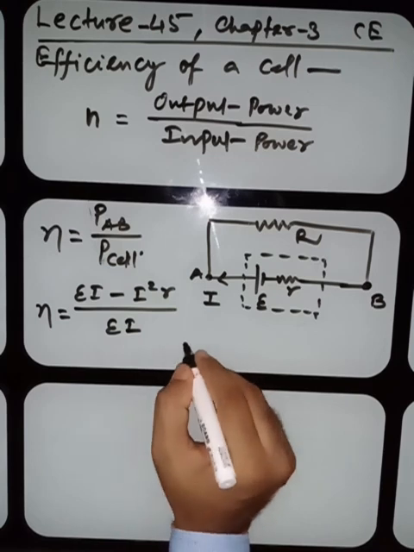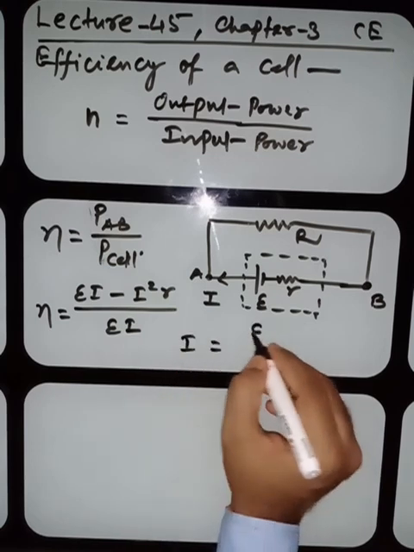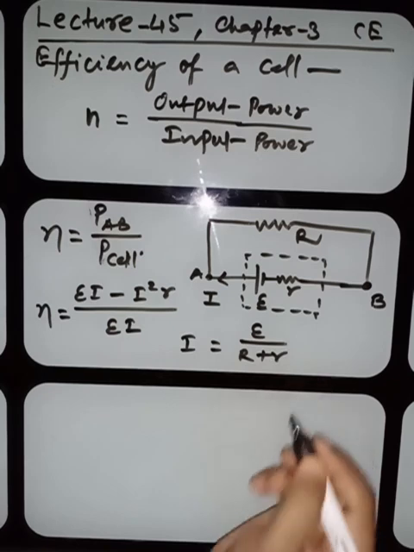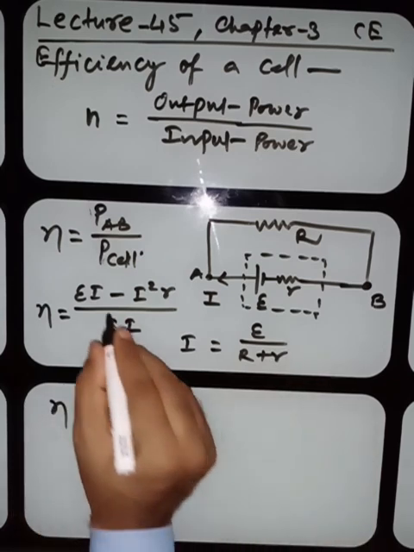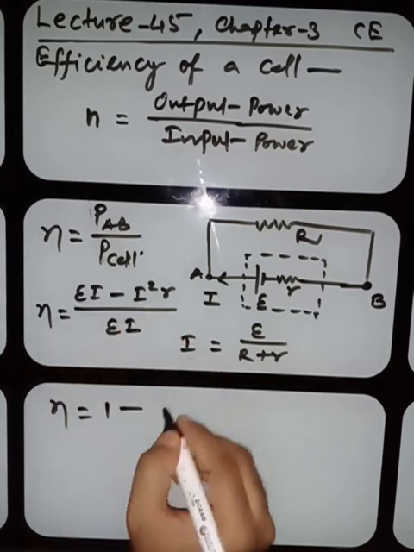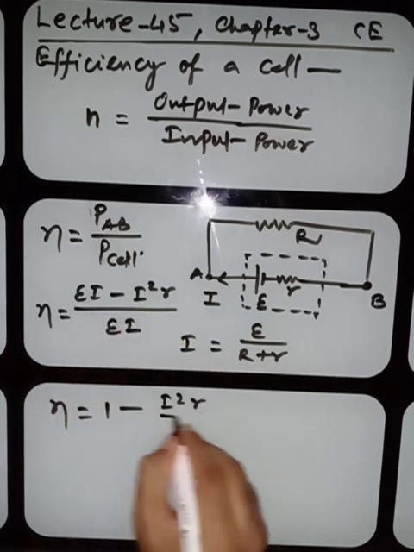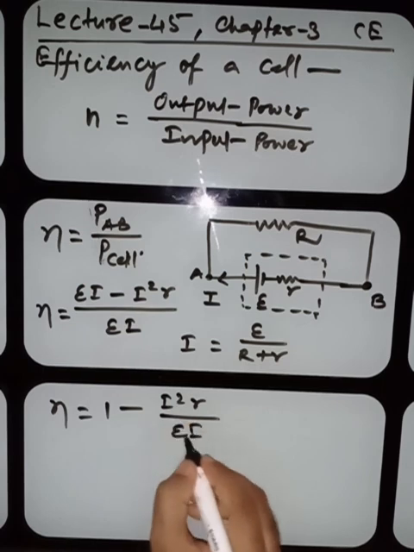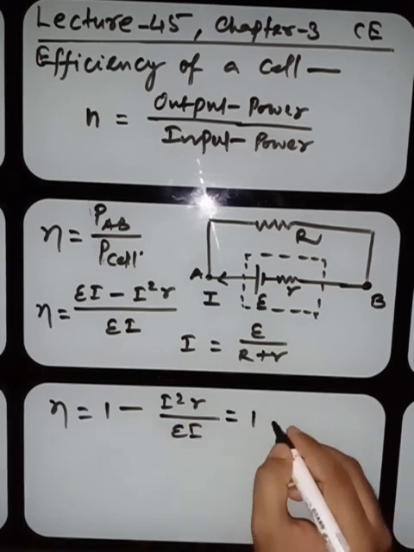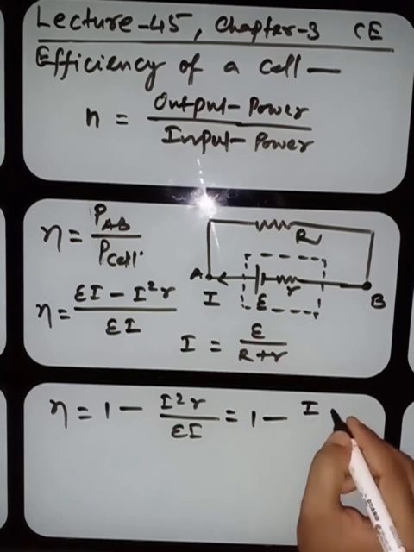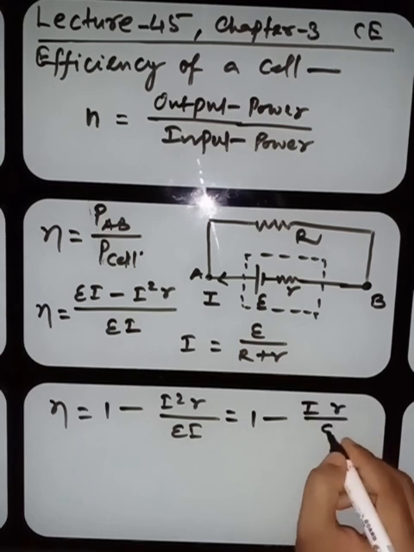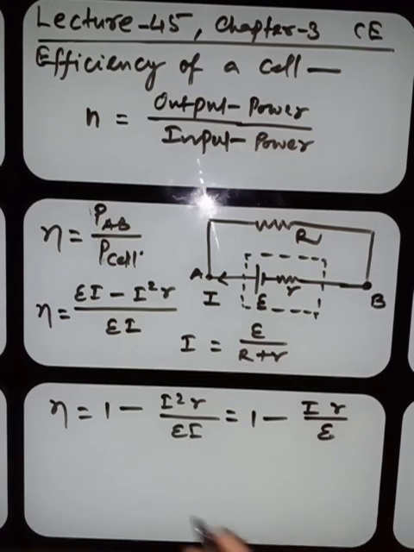So the efficiency will be 1 minus I square r by EI. I will be cancelled out and it can be written as 1 minus Ir by E.